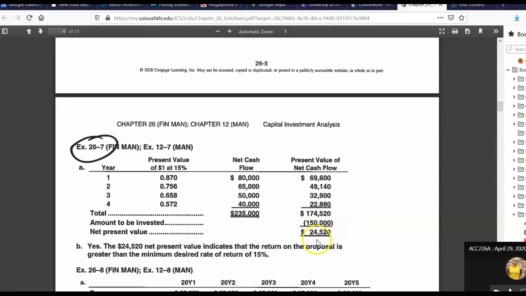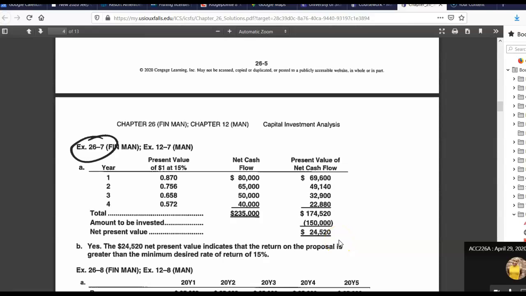It's still a good deal because we still ended with a positive net present value of $24,000. So by going through this calculation, we've now determined that this is a good investment because the net present value of our cash flows based on 15% is a positive $24,000.